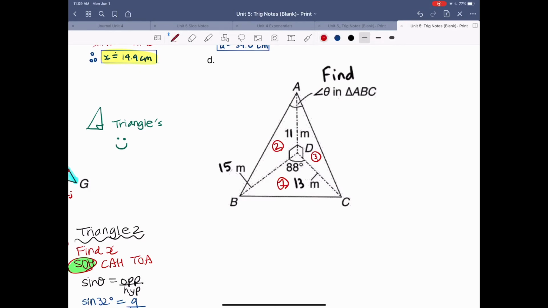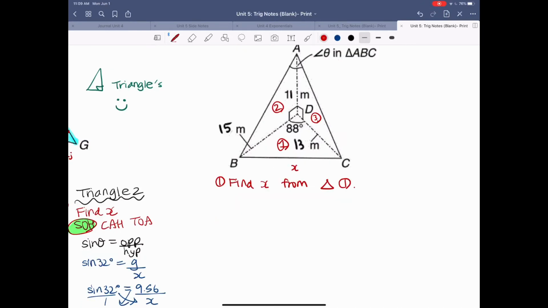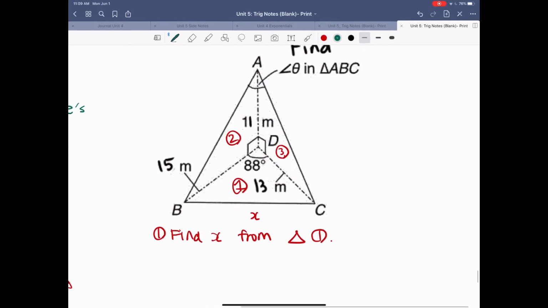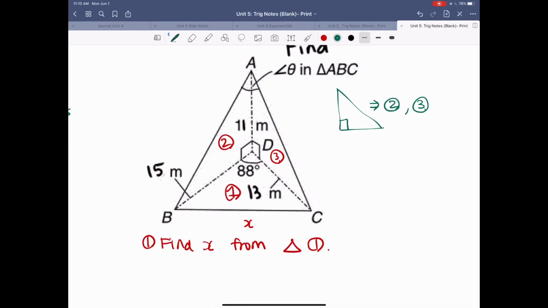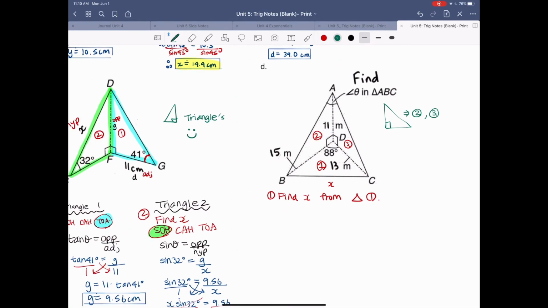Just because I have the most information from triangle 1, I'm going to try to solve for x. Notice it's not a right angled triangle for my triangle 1, but triangle 2 and triangle 3 are. That's just my side note.